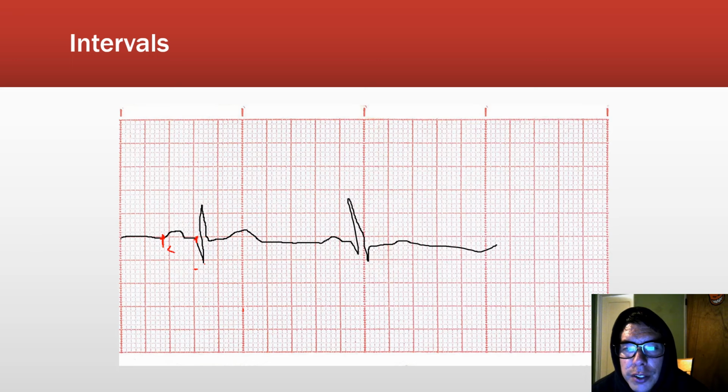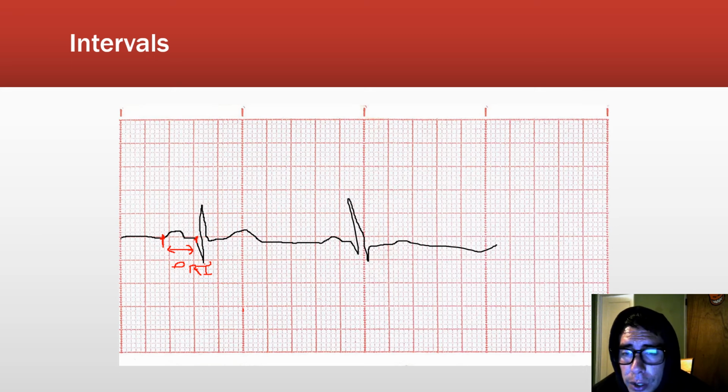So from there to there is called the PR interval, or PRI. And the PR interval tells us if there's any blocks, like in the AV node, with it going through the node.